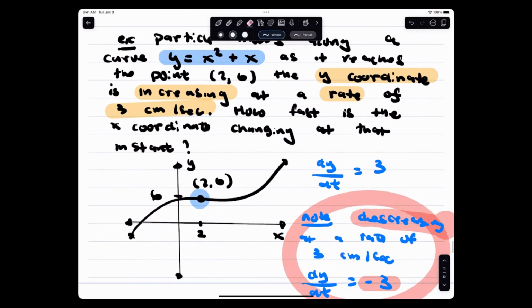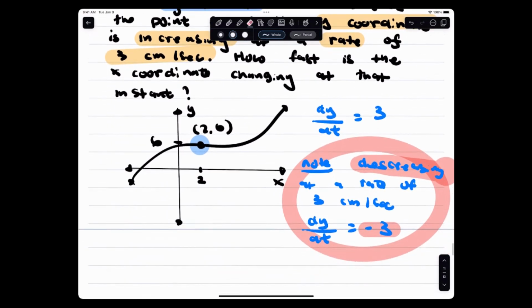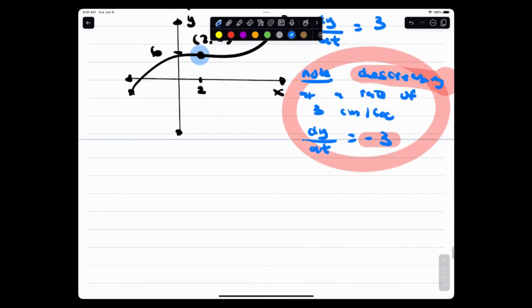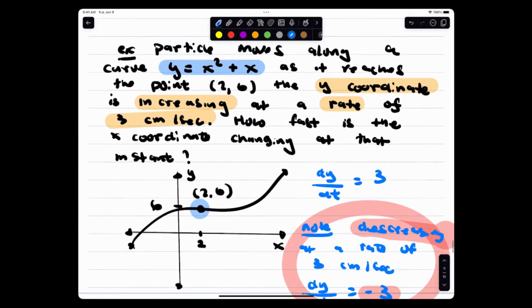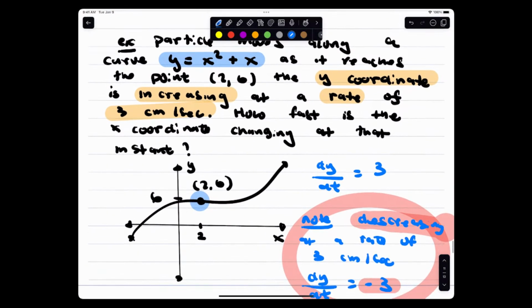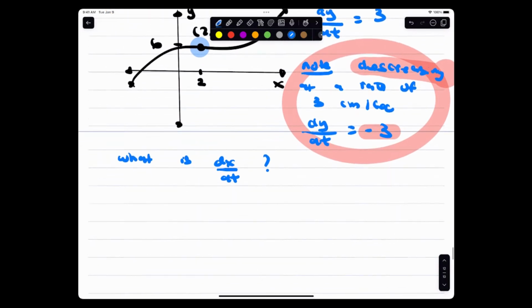And then they say, how fast is the x-coordinate changing at that instant? So what they want to know is dx/dt. So you got y equals x squared plus x.